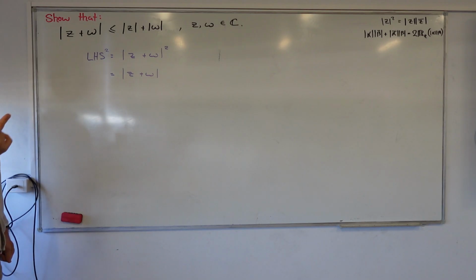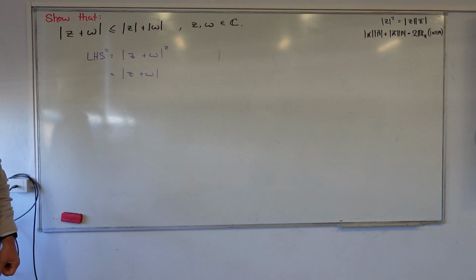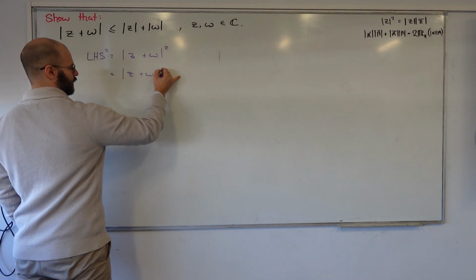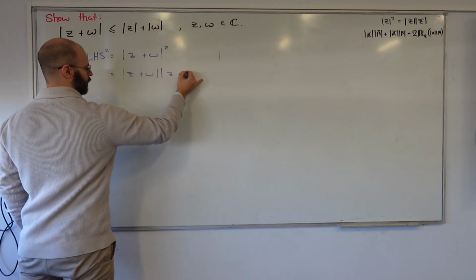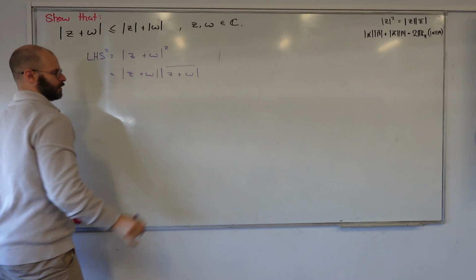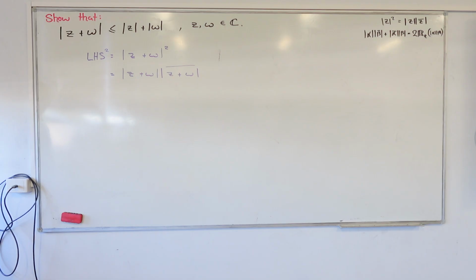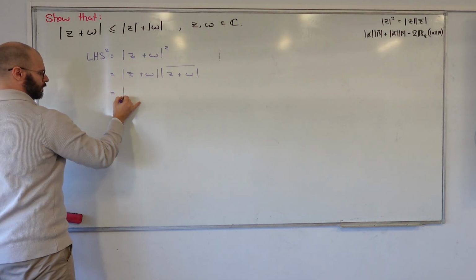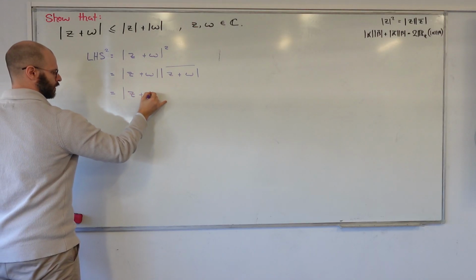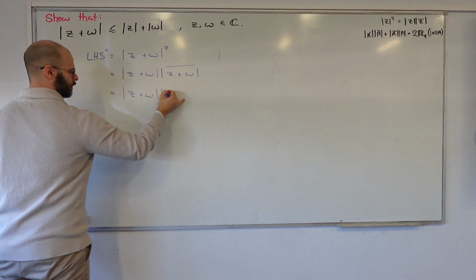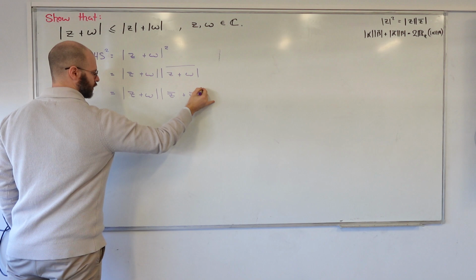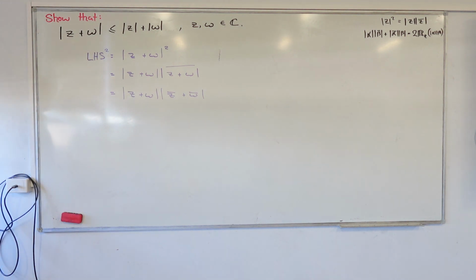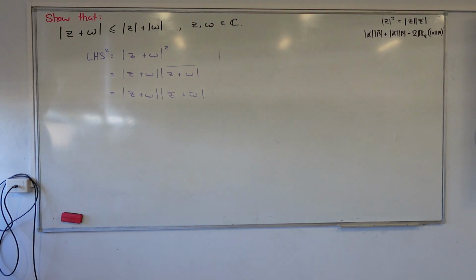However, I'm going to use the first identity on the top right of the board when I expand it out. We cool? All right, next step. I'm going to bring the conjugate inside on both of the moduli. Is that all right?